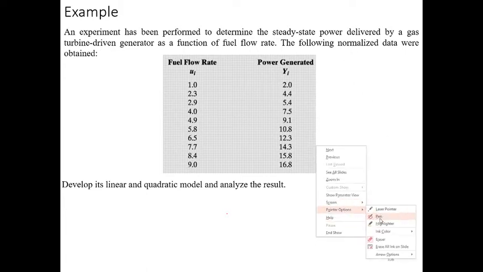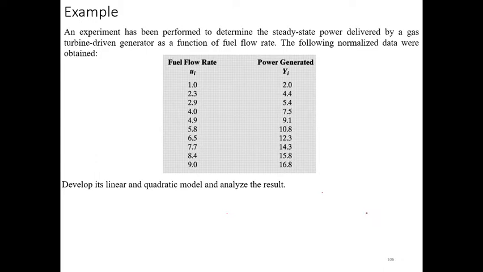Just try to solve this problem. This is your assignment. An experiment has been performed to determine the steady state power delivered by a gas turbine driven generator as a function of fuel flow rate. The following normalized data were obtained.